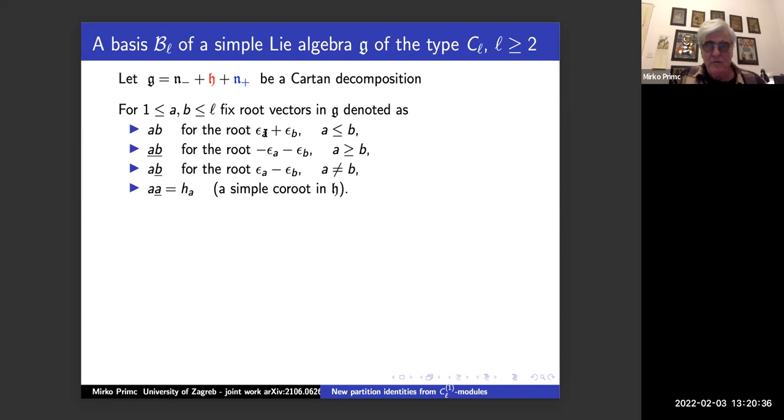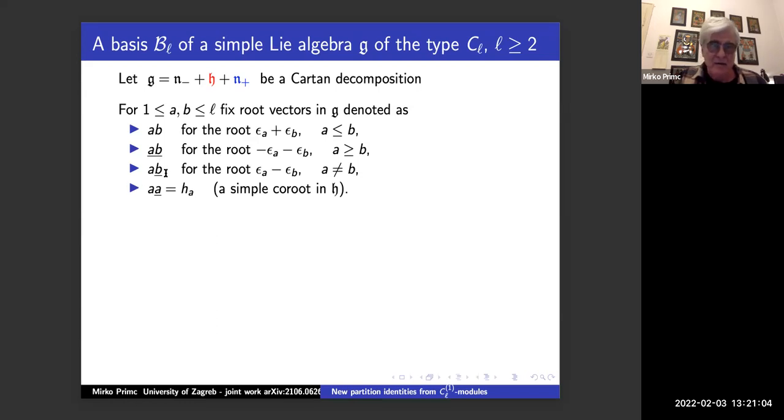For the root epsilon A plus epsilon B, then A underlined B for the root minus epsilon A minus epsilon B. So where we see minus, we will make underline.